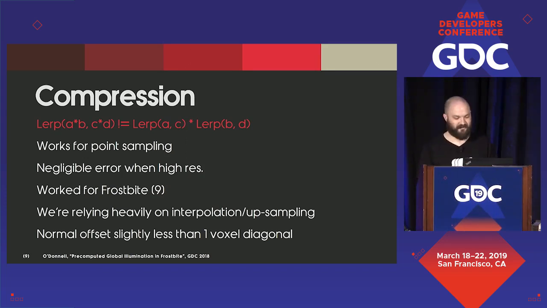Interestingly enough, about a month after we had scrapped it and moved on, Frostbite published theirs at GDC, where they used this technique exactly, and it worked really well for them.